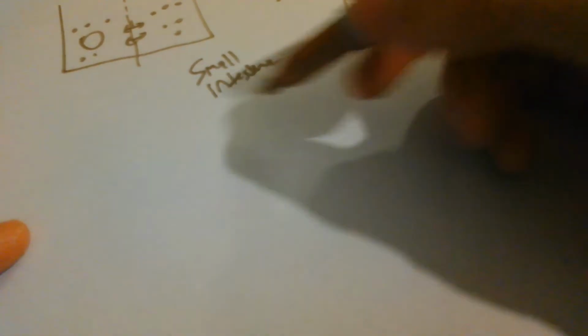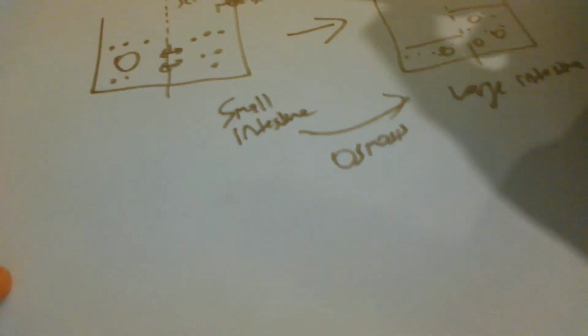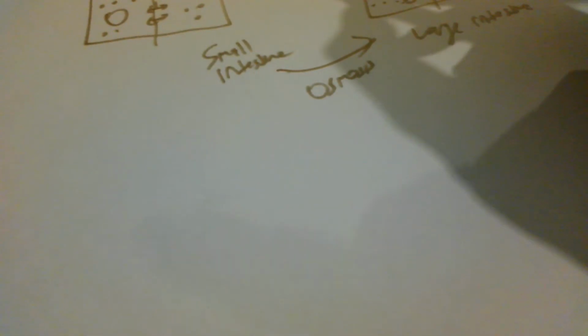So as nutrients leave the small intestine and go to the large intestine, osmosis is what allows this to occur. It allows nutrients to pass through. Actually, my mistake: the small intestine is on the left here and the large intestine is on the right.